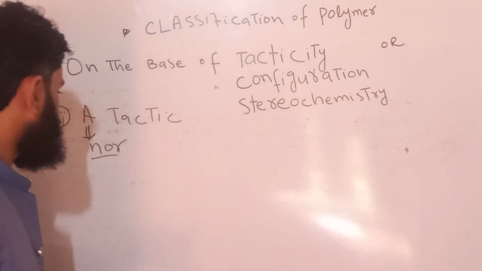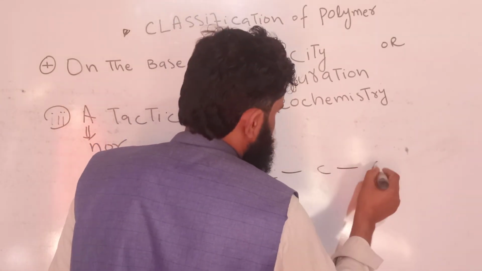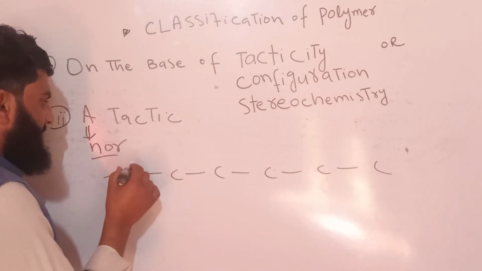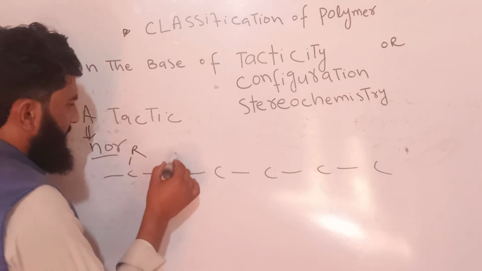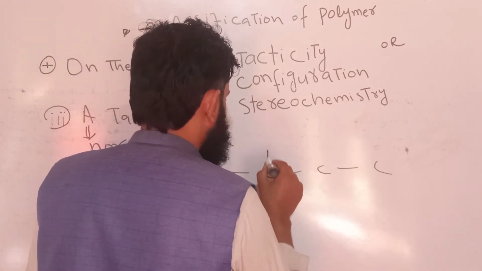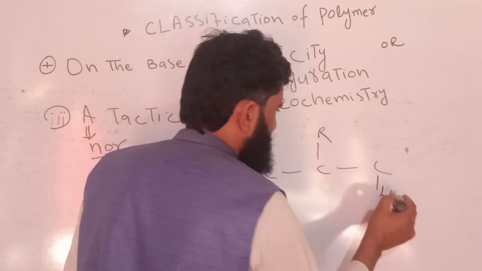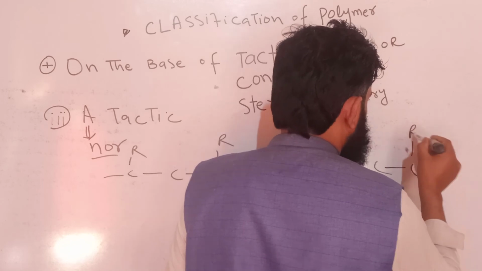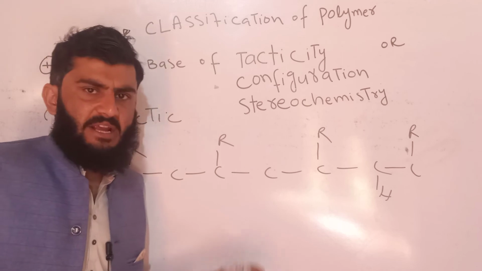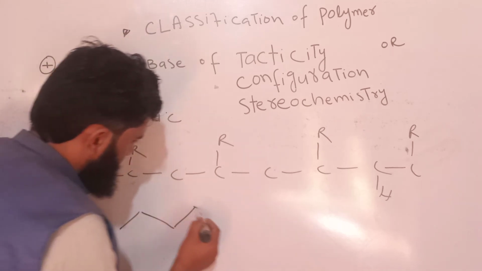For example, this is a long chain of polymer, and if the substituents are arranged in such a manner, for example, this is R and this is R. Clear? And this is, for example, R and this is H. This is an irregular manner. You can arrange it irregularly.